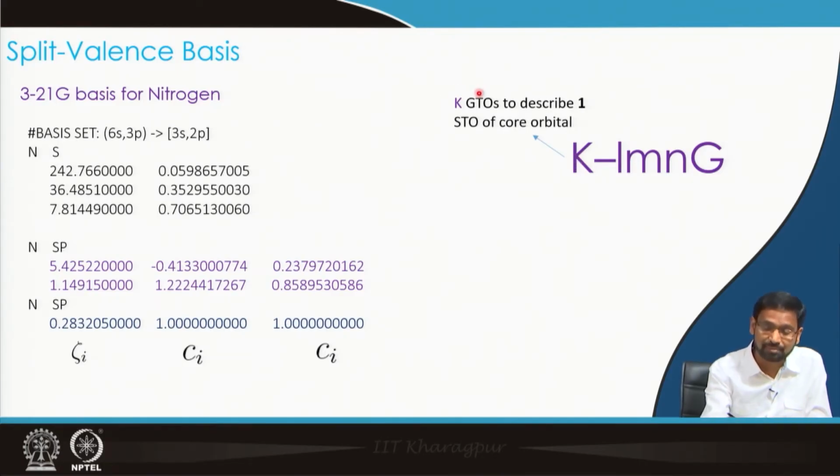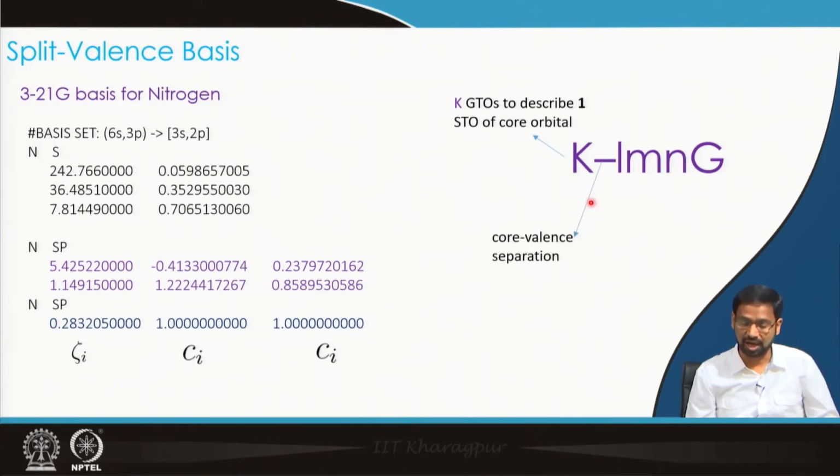So the answer is that I am using K number of Gaussian type of functions to describe one Slater type of orbital for each core orbital. So this K number represents that for core orbitals, you are taking one Slater type orbital always, and how many Gaussian functions you are using to describe this one Slater type orbital. Now, the next thing is this dash sign or the hyphen sign. This indicates the core valence separation.